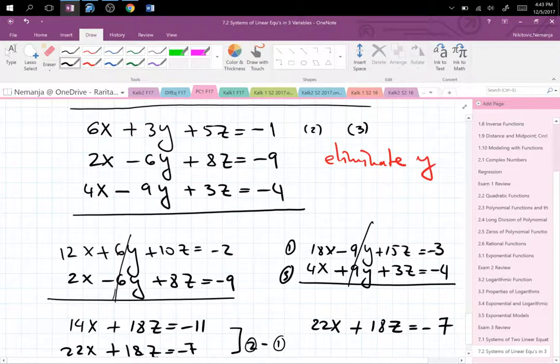So you have a 3 and negative 9. So I multiply the top by 3, which is 6 times 3 is 18. It's like 14x plus 18z equals -11 at the bottom. Then 22x plus 18z. Well, let's do one at a time.